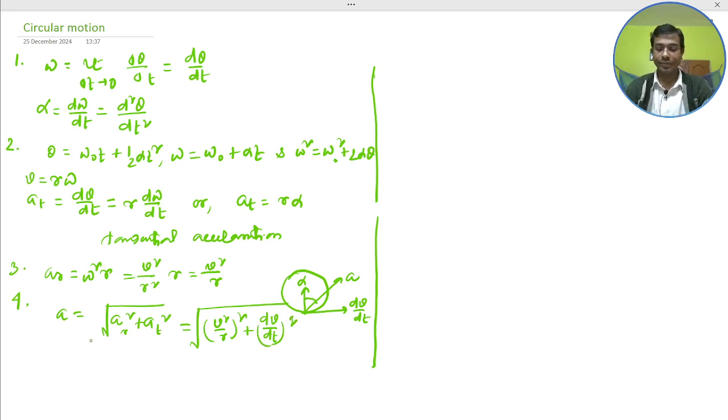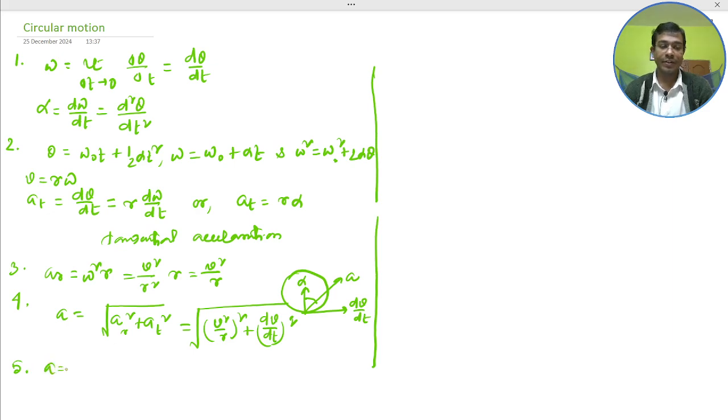Important problem. Another one, dynamics of circular motion. Dynamics means the state of a particle at a given time t.